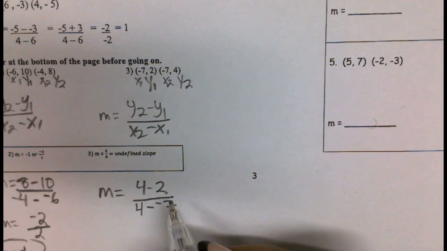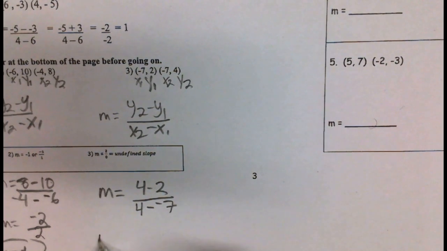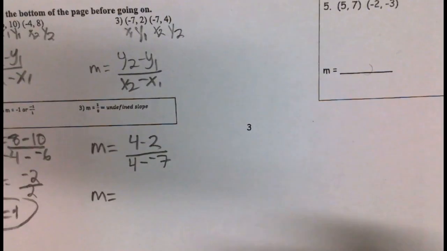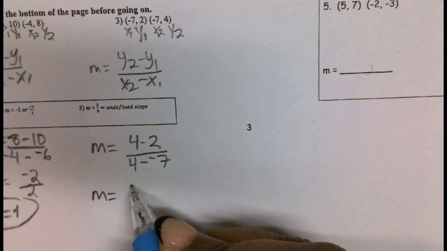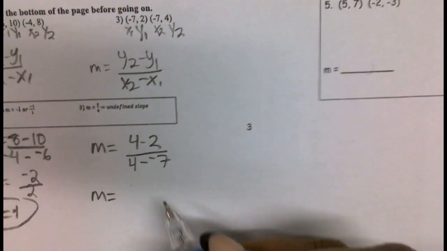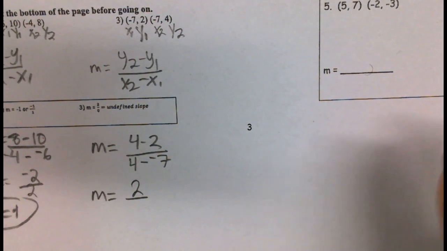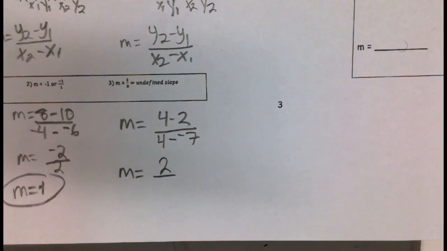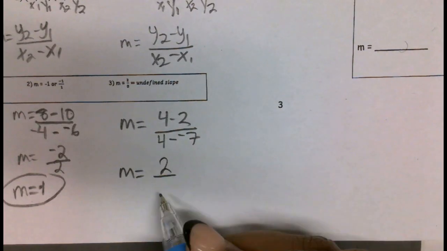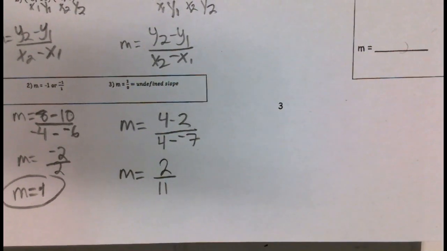All right. Type it in if you don't remember. Caleb, what do we get on the top? 2. Okay. Type it in if you don't remember. Mia, what do we get on the bottom? 11. Right. Reduce the fraction.